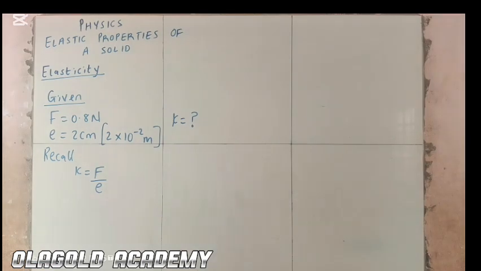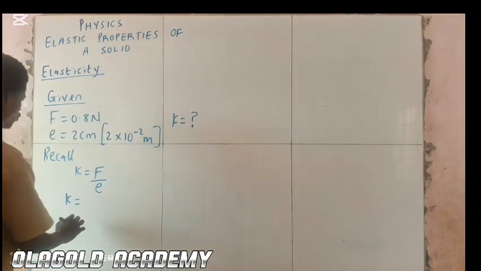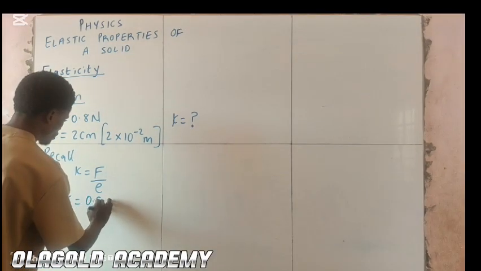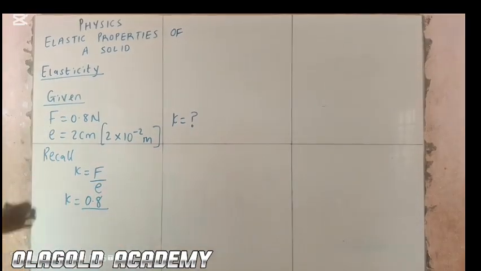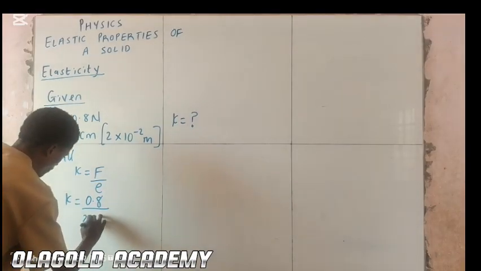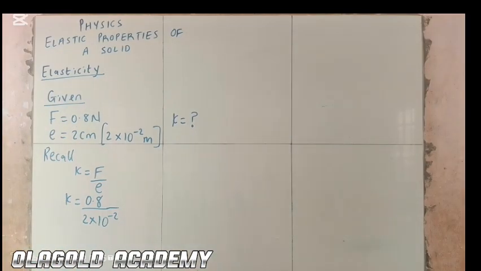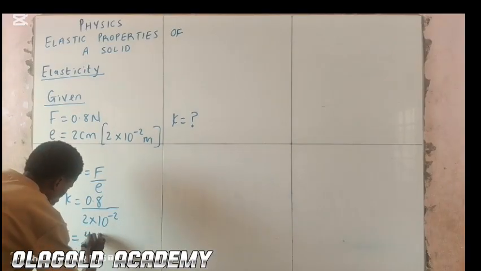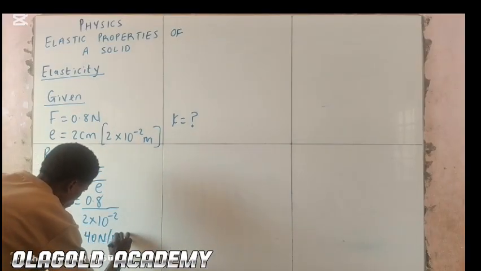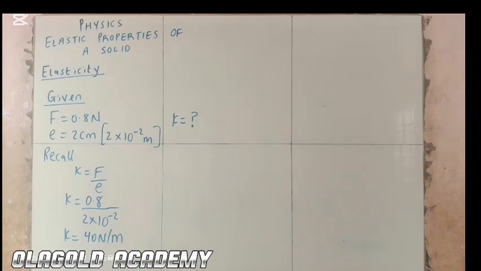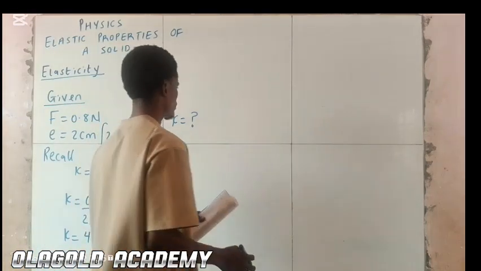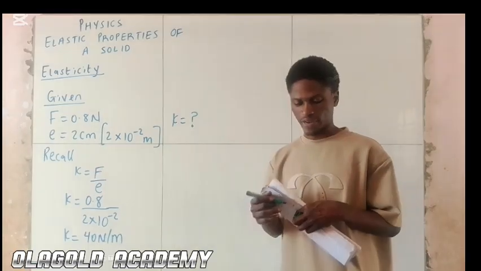K equal to force, 0.8 Newton, over extension, 2 multiplied by 10 raised to the power minus 2. And for the final answer, we divide this. Our force constant or elastic constant becomes 40 Newton per meter. We have this as our final answer.